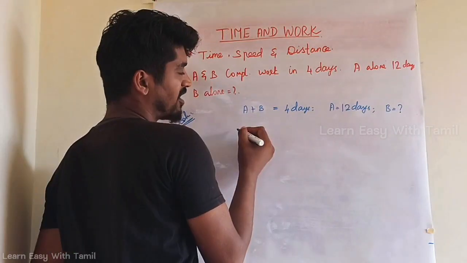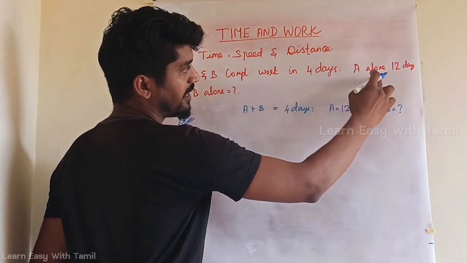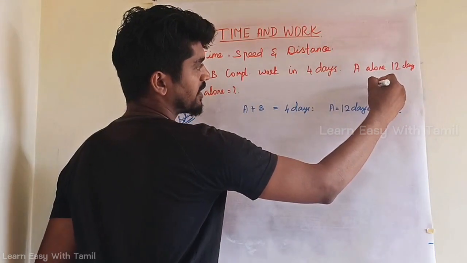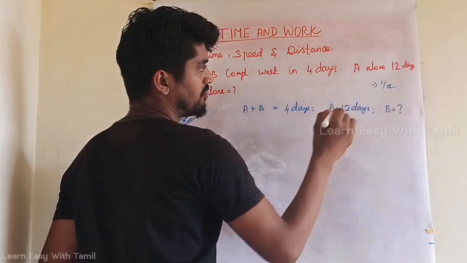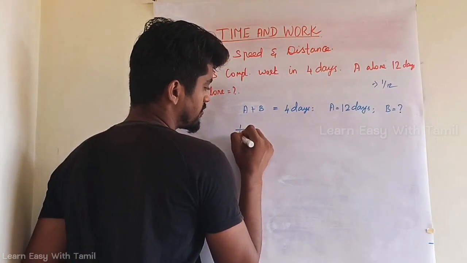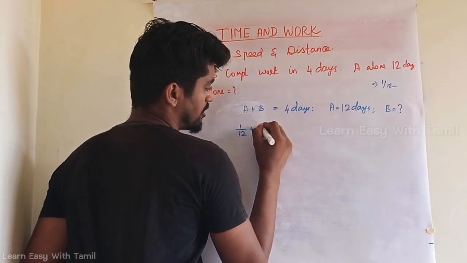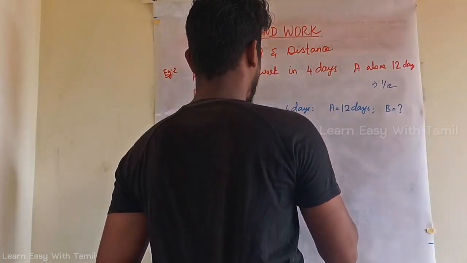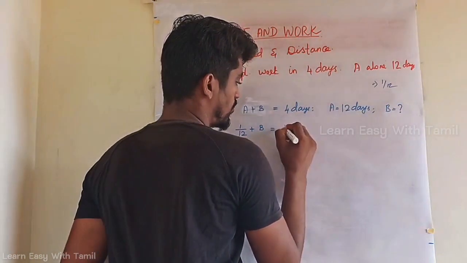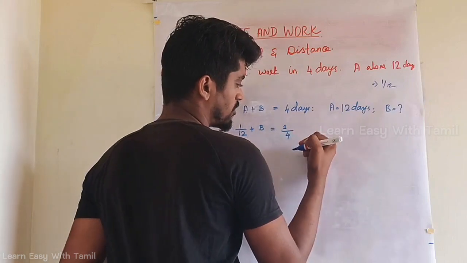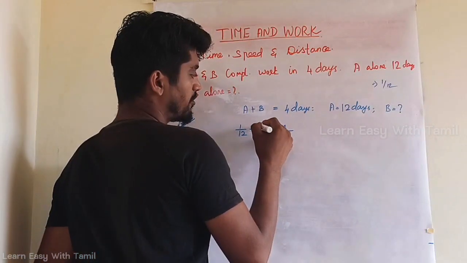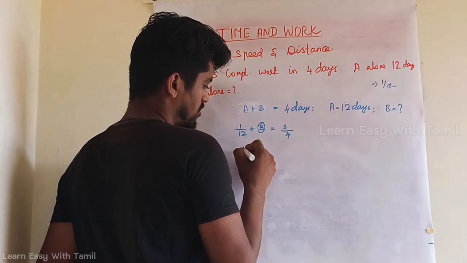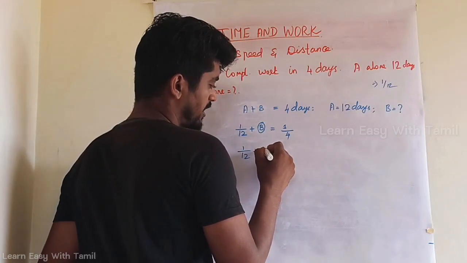For 1 day, A alone working 12 days to complete the work does 1 by 12 per day. So A is 1 by 12 plus B equals 1 by 4 for 1 day. For B, we do not know how many days B takes, so we write it as x.